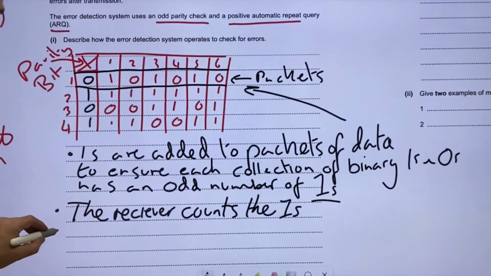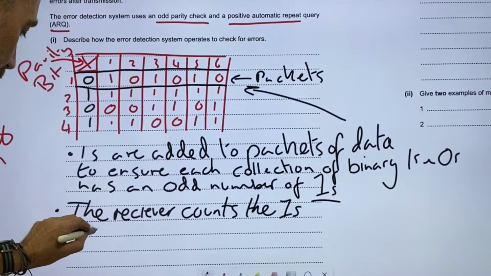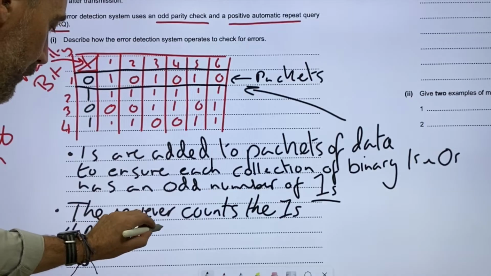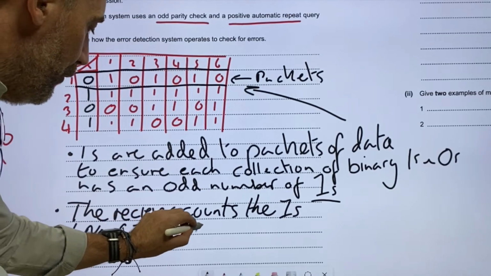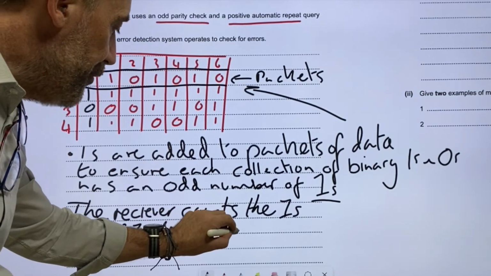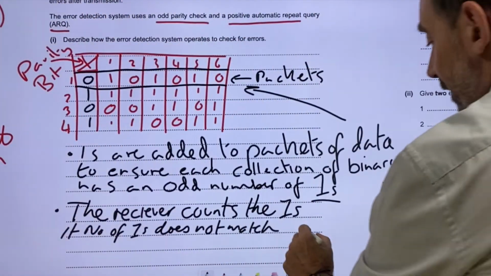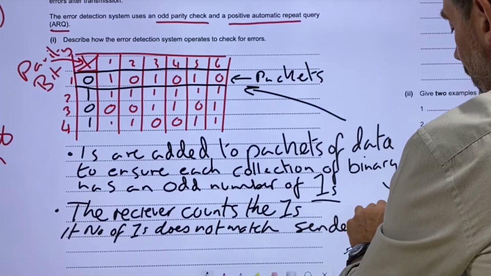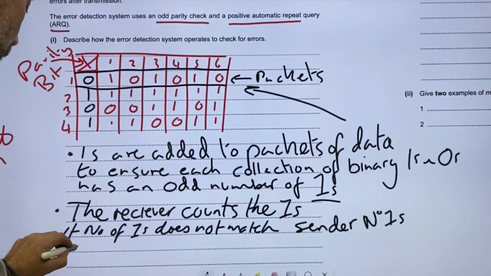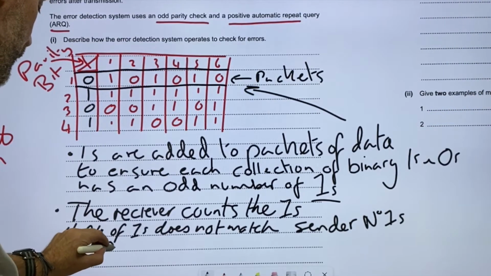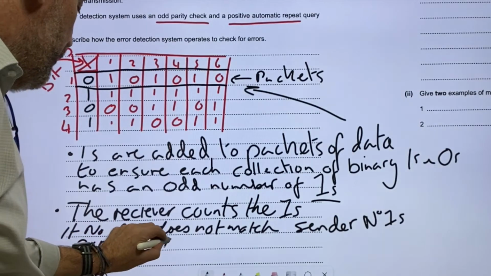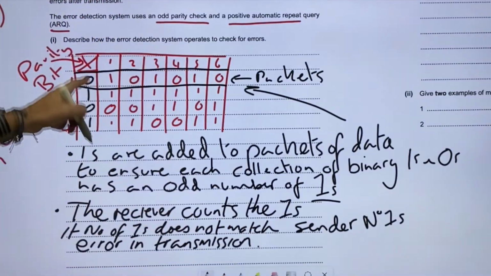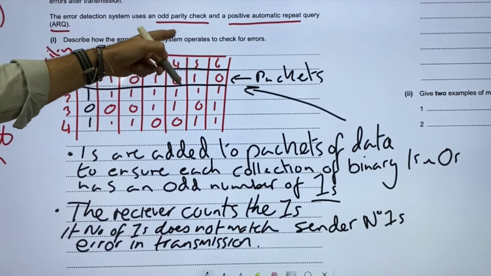If the number of 1s does not match the sender's number of 1s, there's an error in transmission.